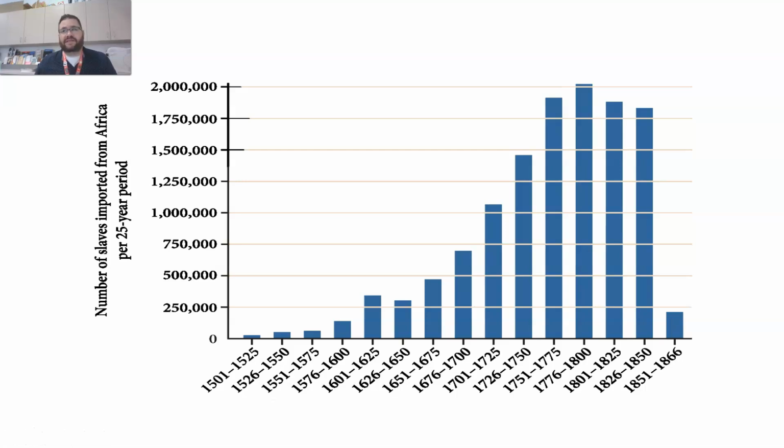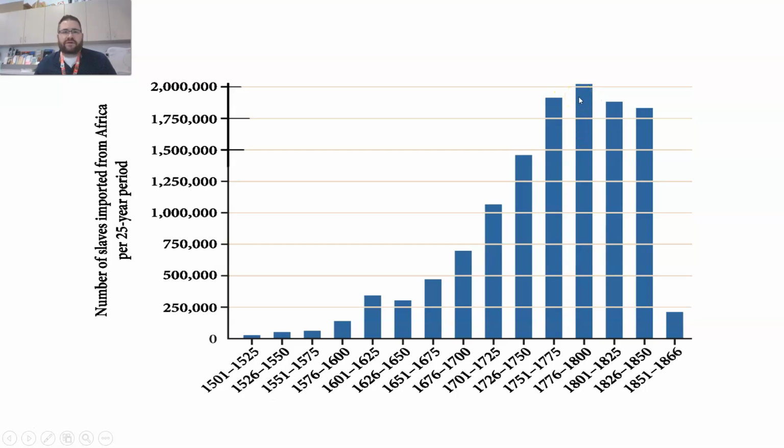So we see the number of slaves being kidnapped and forced into slave labor increase dramatically after 1619, to where from the years of 1776 to 1800, we see over 2 million individuals from Africa being kidnapped and forced into slavery in this 25-year period.